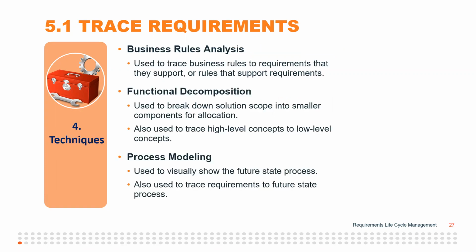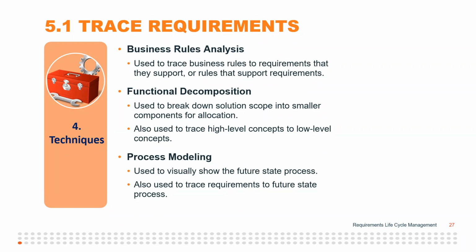So the techniques to trace requirements are business rules analysis. That's where you trace business rules to requirements that they support, or rules that support requirements. And then functional decomposition, which is used to break down the solution scope into smaller components. You may also use functional decomposition to trace the high-level components down to the more specific low-level concepts.